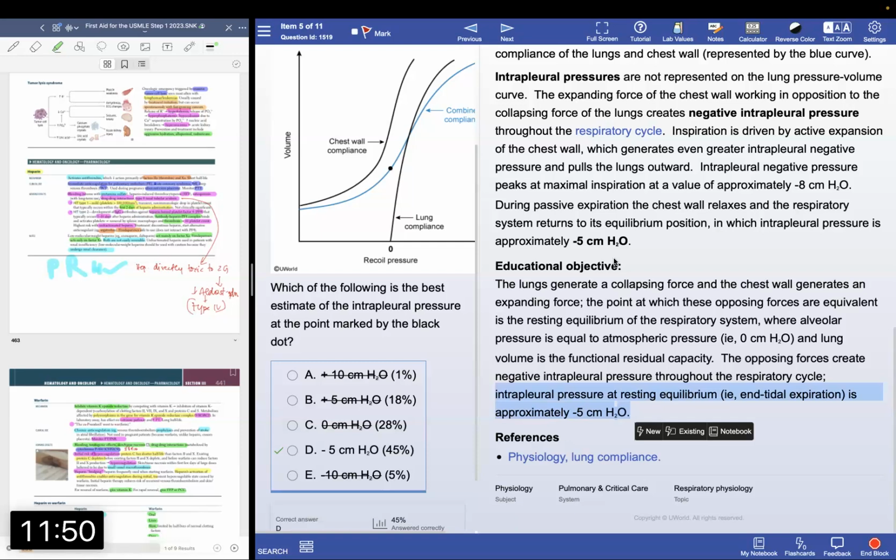More negative intrapleural pressure when inhaling. Yes, and less negative intrapleural pressure when exhaling. Less negative. More negative in inhaling.